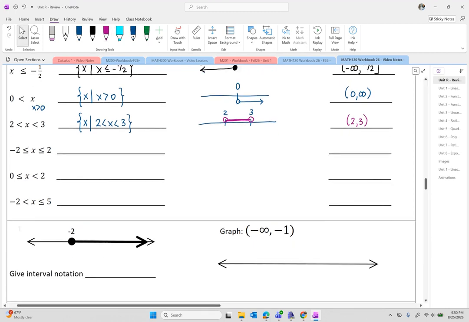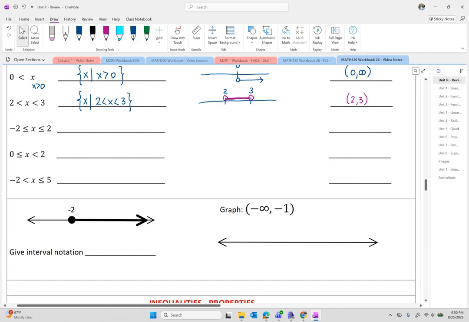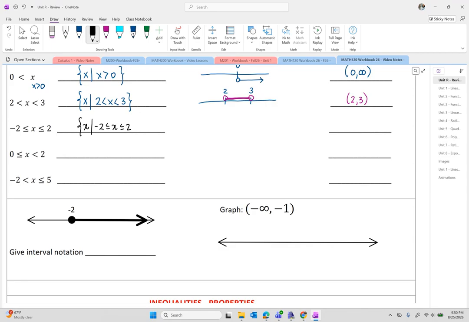If I want to write the interval negative 2 less than or equal to x less than or equal to 2, in set builder's notation I will say x is such that negative 2 less than or equal to x less than or equal to 2. The graph will be the number line with the two critical values, negative 2 and 2, marked.